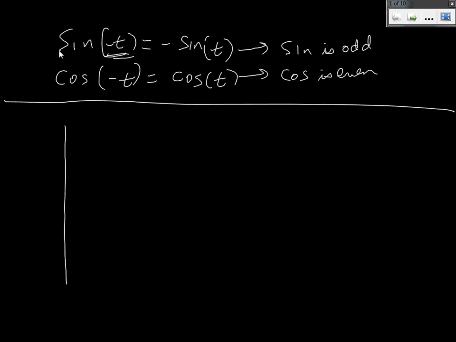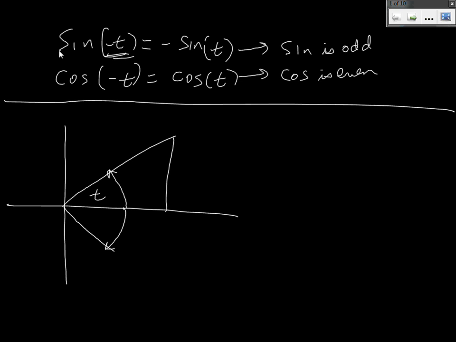So our strategy is we're going to put angle t in each and every quadrant. If I put t in the first quadrant, we get this triangle. And negative t just means we go in the opposite direction the same amount.